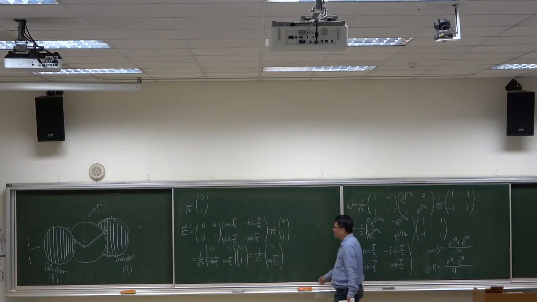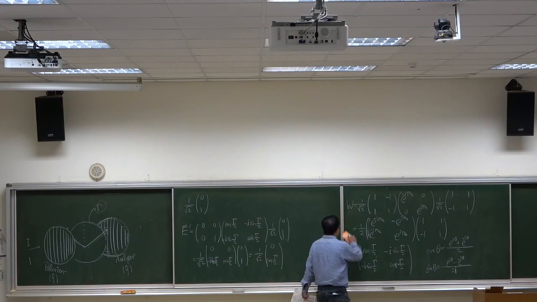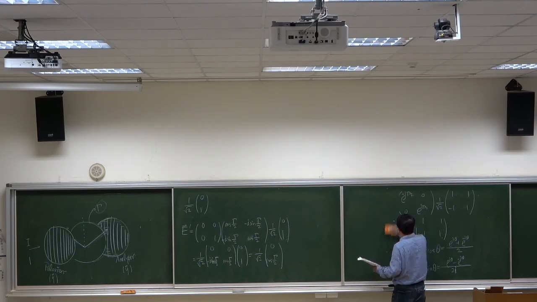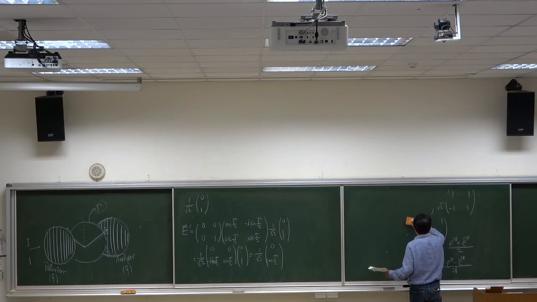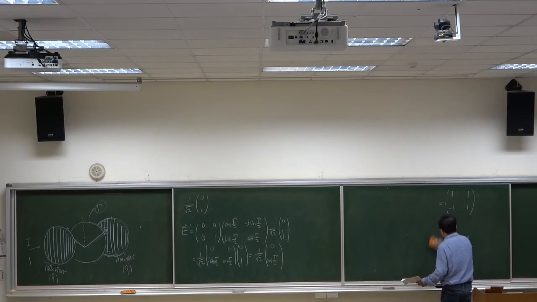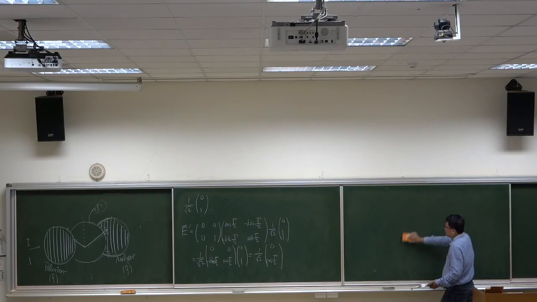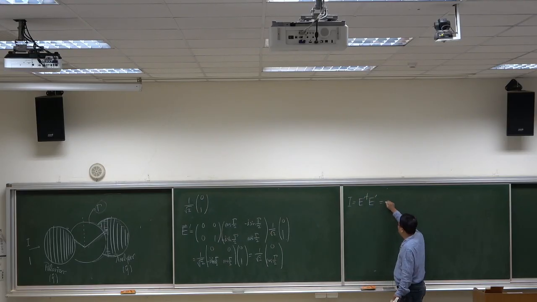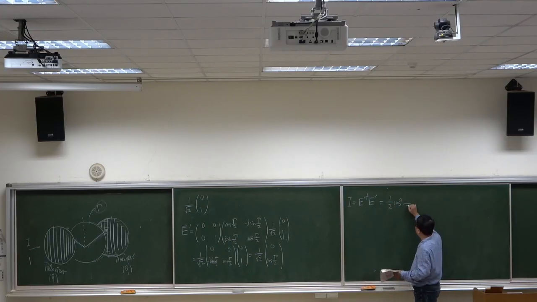So the final strength of the light is equal to E prime dagger times E prime, which is 1/2 cosine squared half gamma.